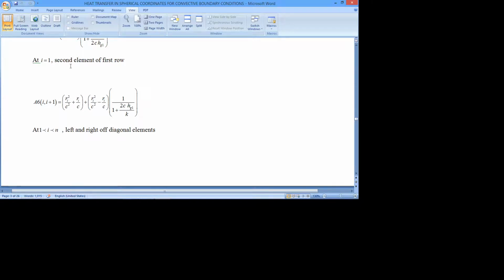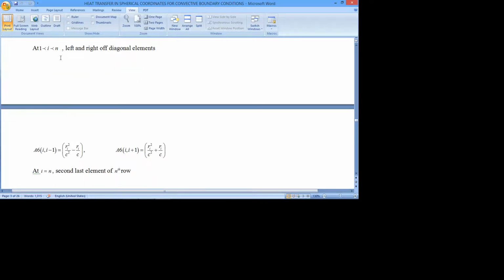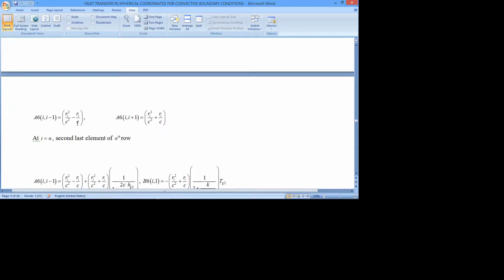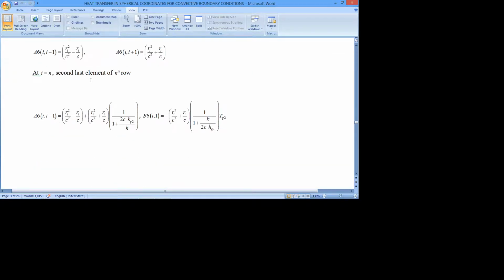For I equal to 1, you are generating the second element of the first row. Here I equal to 2, 2 and minus 1, we are generating the left diagonal term and right diagonal term by these two commands. For the nth row, we are generating the second last element of matrix A6, so this one, and this is the last element of the boundary condition matrix.